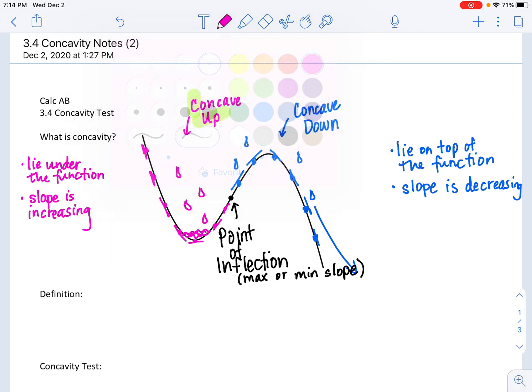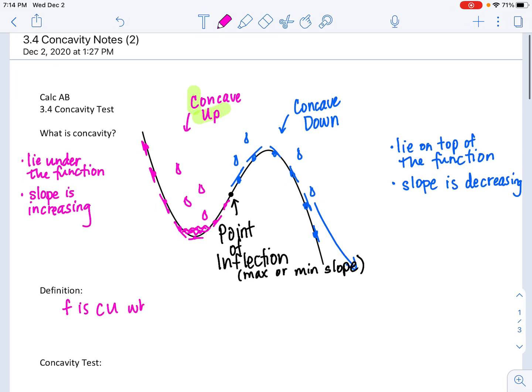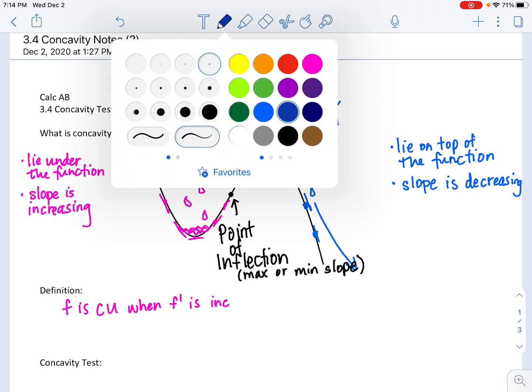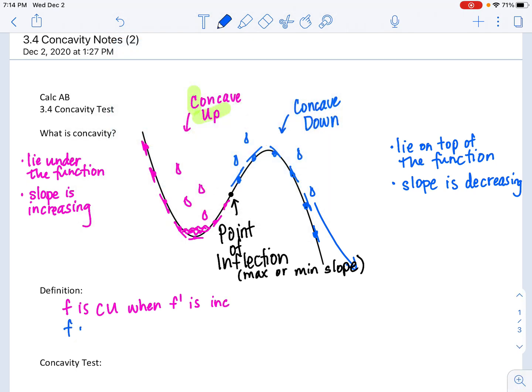So definition-wise, that's how we define concavity. We say f is concave up, or we can abbreviate it with CU, when f prime is increasing. And likewise, we say that f is concave down when f prime is decreasing.